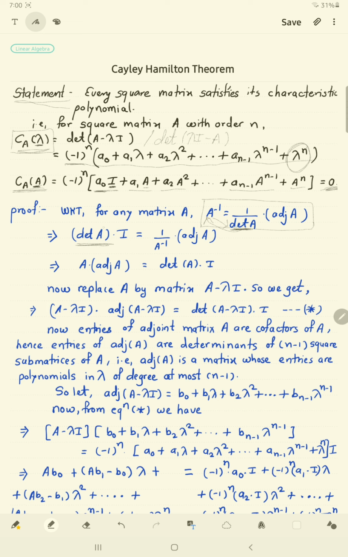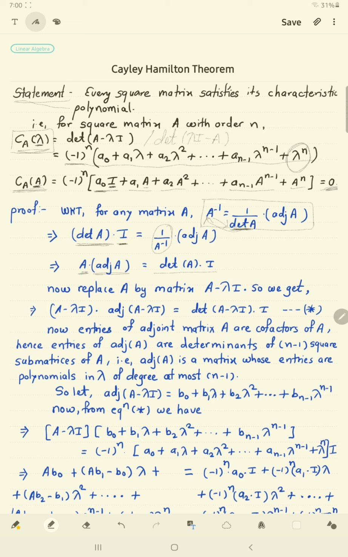To make this a matrix, I multiply by I, the identity matrix. So A into adjoint of A is nothing but determinant of A into I.